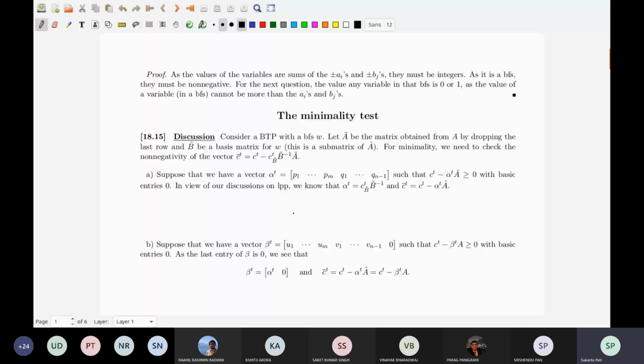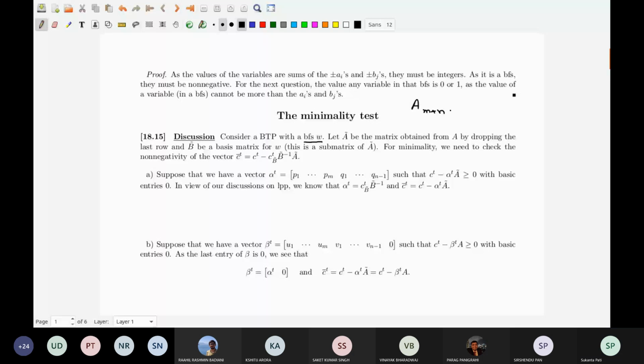Now what we know is the following. We know that the coefficient matrix A, which has m plus n rows, has rank m plus n minus 1. And we also know that each of the rows is a linear combination of the remaining.